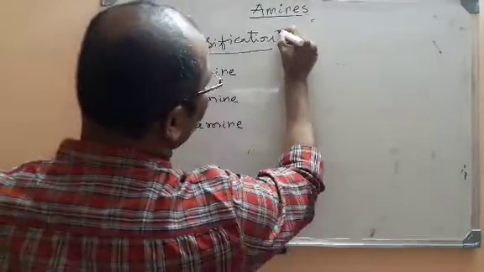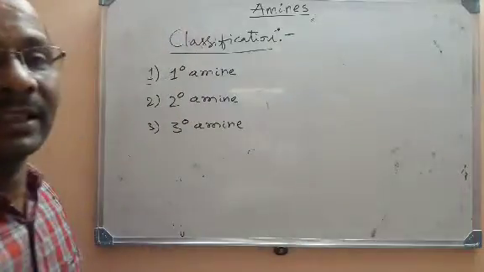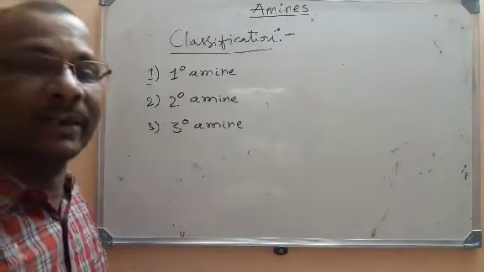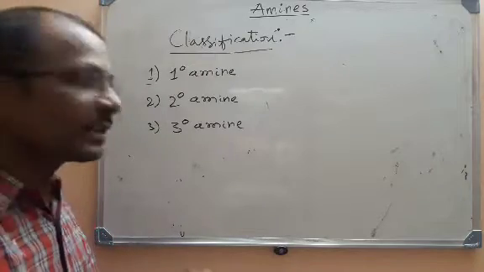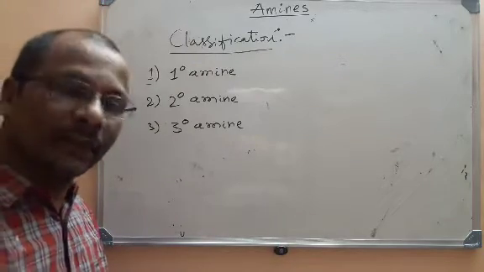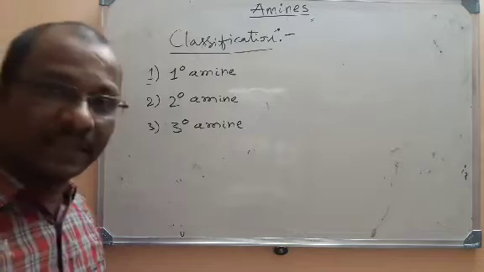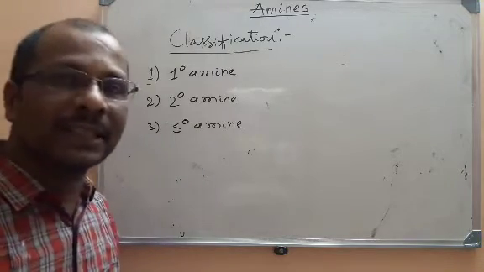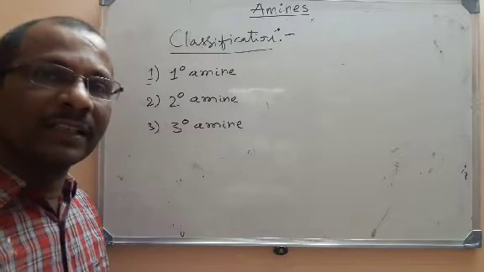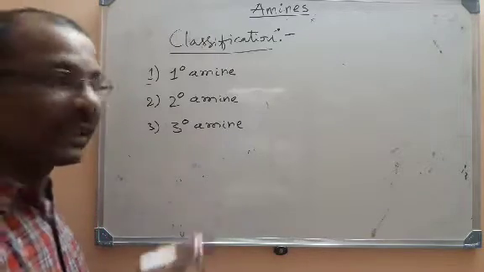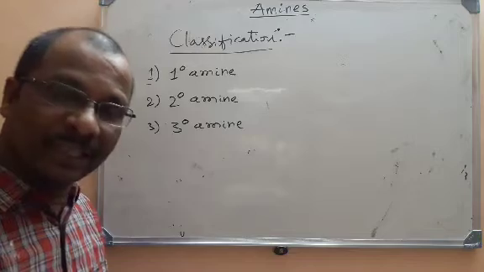When we write primary, secondary and tertiary, we get an idea immediately that this may be based on the nature of the carbon. Of course it is correct in the case of other members of organic chemistry, but here it is not correct. Actually, if you take alcohols, primary alcohol, secondary alcohol, tertiary alcohol are obtained based on the nature of the carbon to which the OH group is attached.